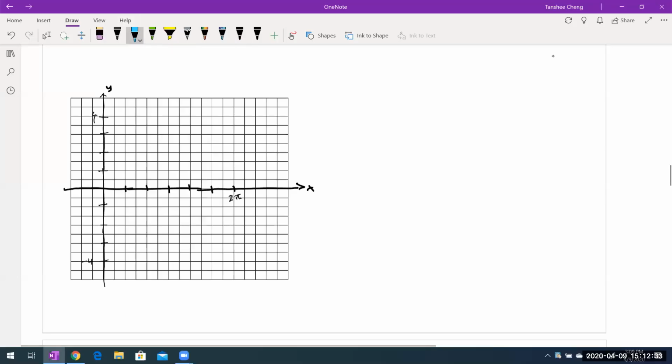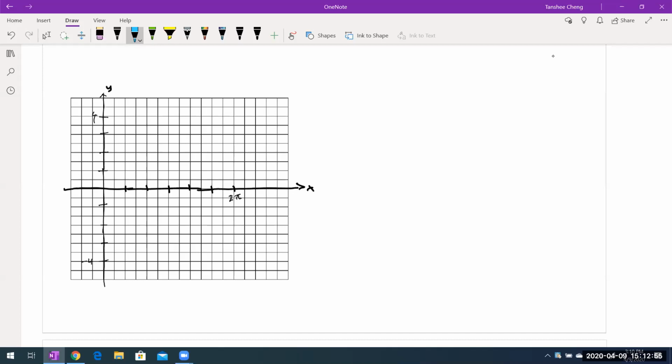So first, what I'm going to do is put all my local max and local minimum, right? My local maximum is at what? 3 pi over 2. And where is 3 pi over 2? Okay?